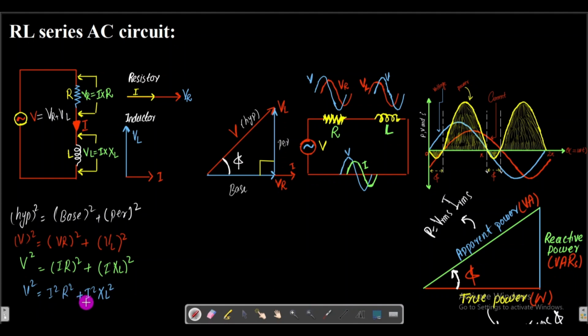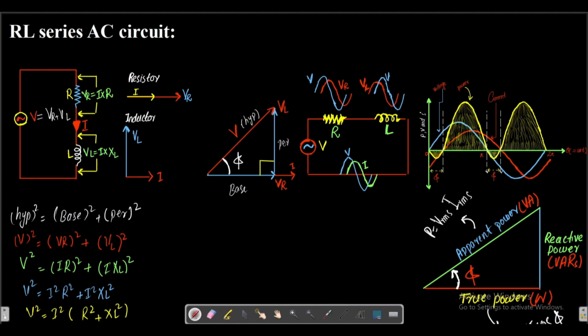We will take the common I square from this, and here this will become V square is equal to I square times (R square plus XL square). We need only the voltage value, so we will take the square root on this.